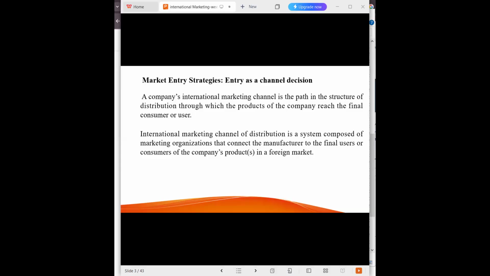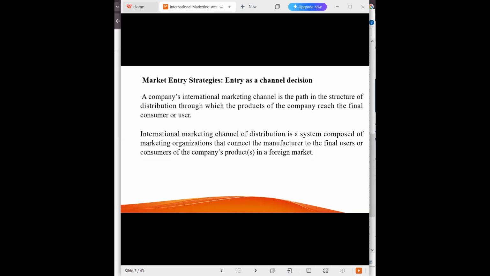But nevertheless, an organization can also have its own marketing units, or should I say, exporting units. Some organizations have their own exporting unit that handles that aspect.